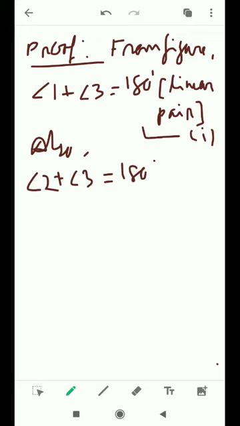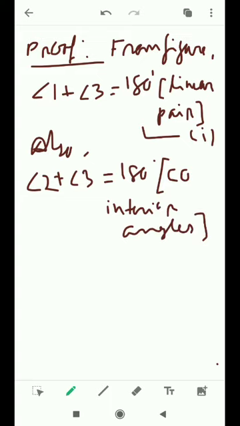Because they are interior angles on the same side of the transversal. Already it is given that the lines are parallel. So interior angles on the same side of the transversal we can write as co-interior angles. So this one we can mark as number 2.